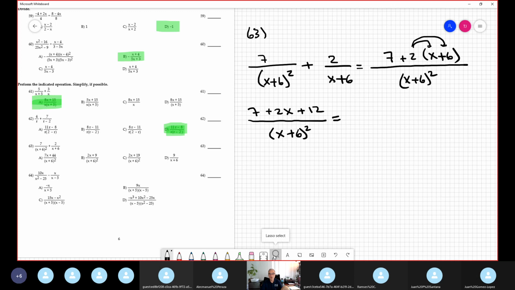Well, we have 2x plus 19. Yeah, 7 and 12 together, 19, over x plus 6 squared. Do we have a GCF here? No GCF, 19 is prime, 2 is prime. Leave it like that. The answer is this.